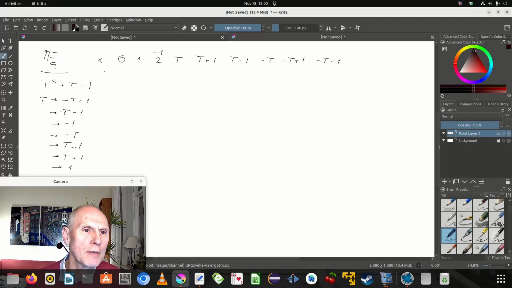On the other hand, psi is, T has trace minus 1, so T plus 1 has trace minus 2, t minus 1 vanishes.